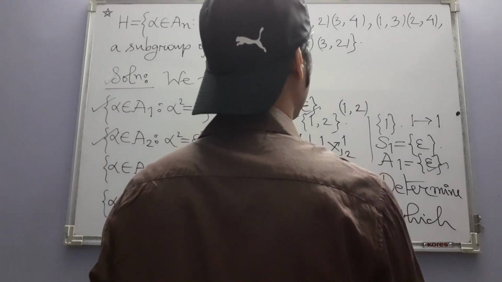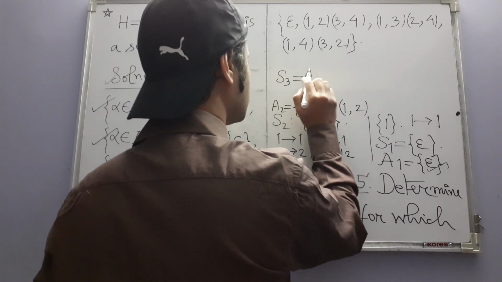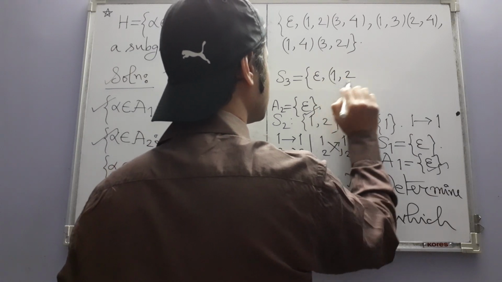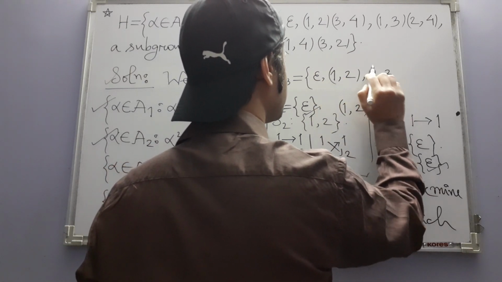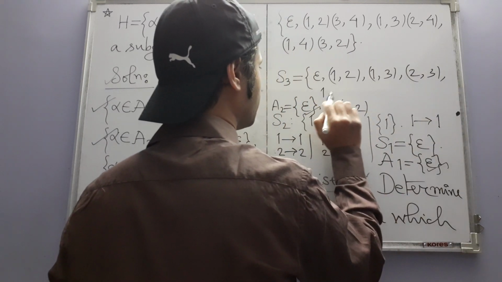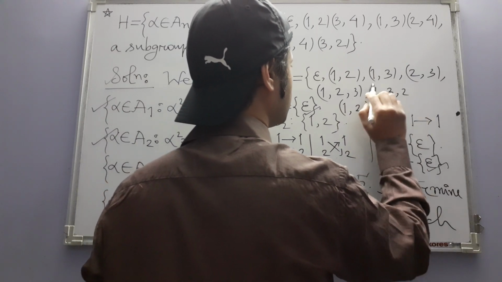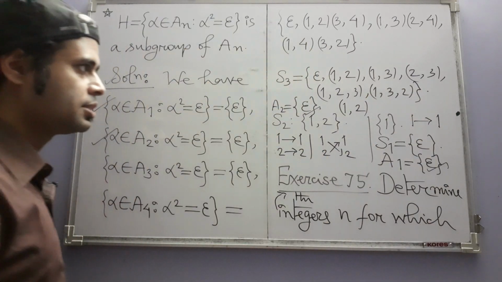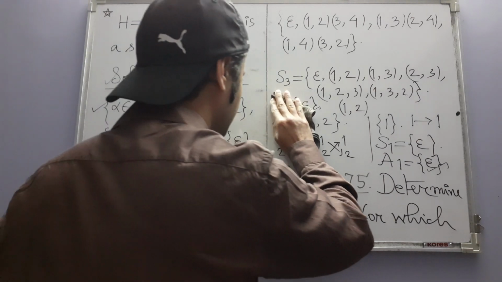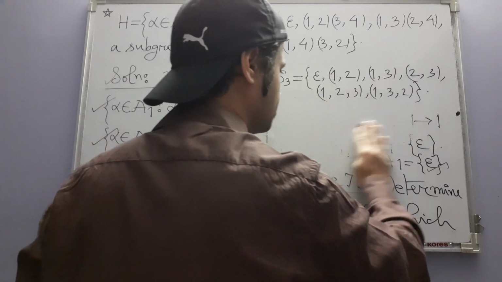Okay, now what about A_3? We already know what S_3 is. S_3 consists of these elements: (1 2), (2 3), (1 3), (1 2 3), (1 3 2), and the identity. This is our S_3. We can get rid of the other parts, otherwise it will be too cluttered.